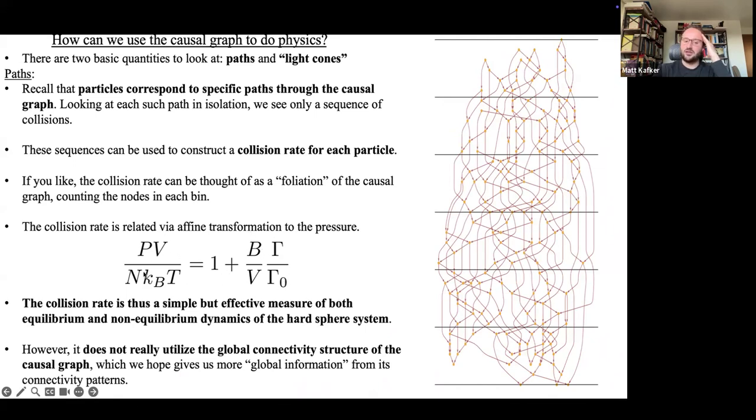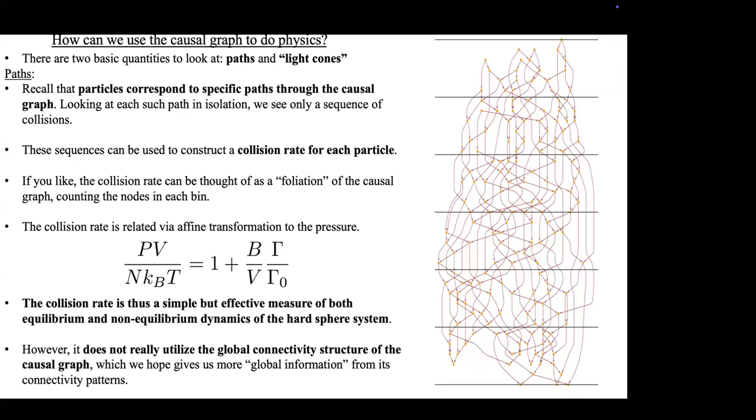You can calculate this PV over NkT. It's important that you divide by the temperature, because if you increase the temperature, then you're going to increase the pressure. That's even true for the case of the ideal gas. But if you normalize like this, the collisions are capturing the additional degree to which you deviate due to the hard sphere interaction. I was just wondering what is gamma and what's gamma naught, but as you said, they are not relevant, so we can skip this part.